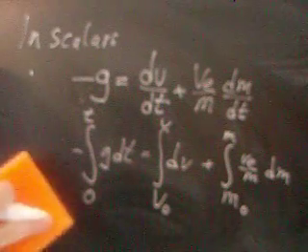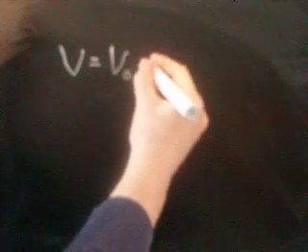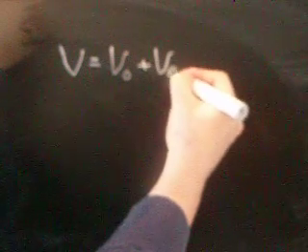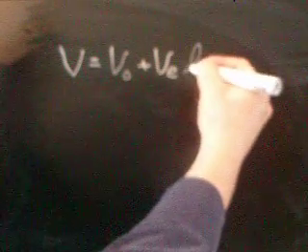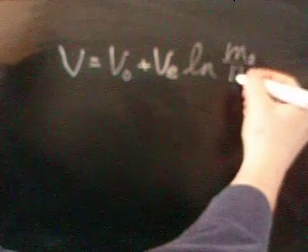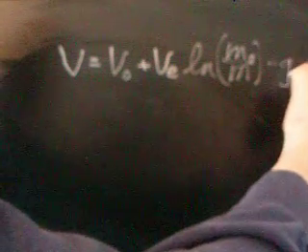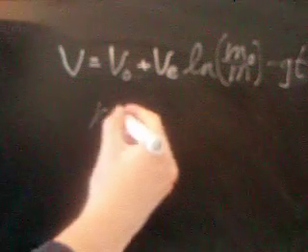If you do this integration, we get that the final velocity v is equal to the initial velocity plus the velocity of the exhaust gases relative to the rocket times ln of the initial mass divided by the mass at time t, minus gt, and that is the rocket equation.